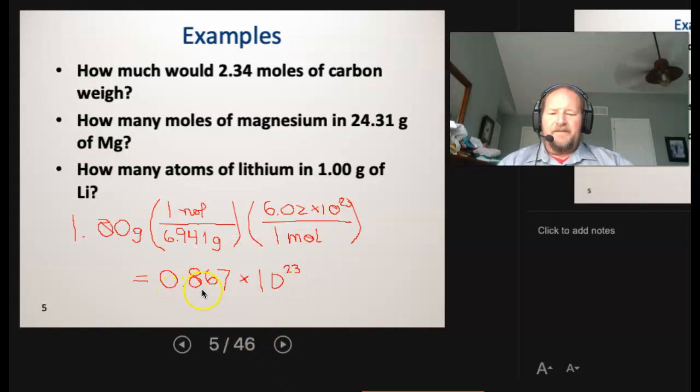And again, I can't leave it this way. I'm going to have to use scientific notation for this. So I'm going to move this decimal point back. Since I made a small number big, my exponent has to go down.